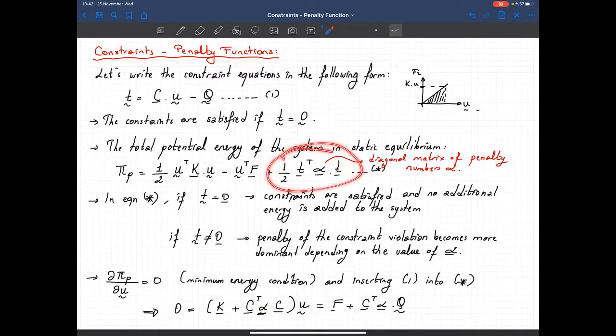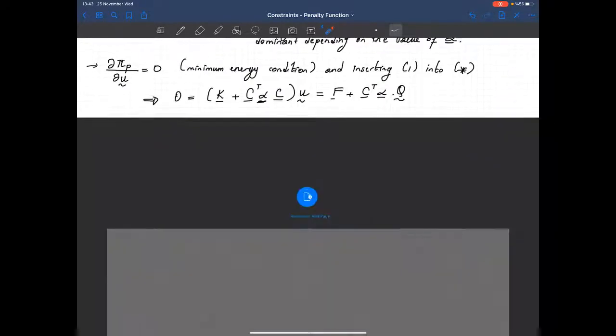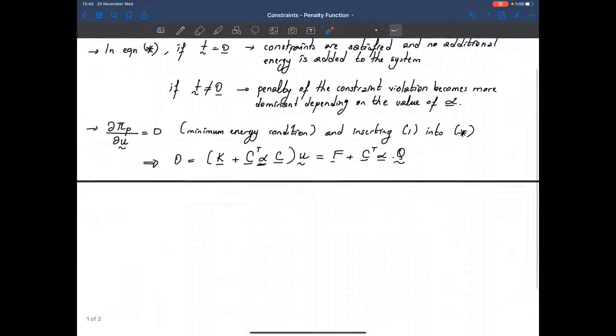Now I add this additional term and I'm trying to make T equal to 0 so that I still satisfy this condition, and this should give me the values of the forced degrees of freedom in such a way that they will satisfy the following condition. Let's go back to the example problem again.